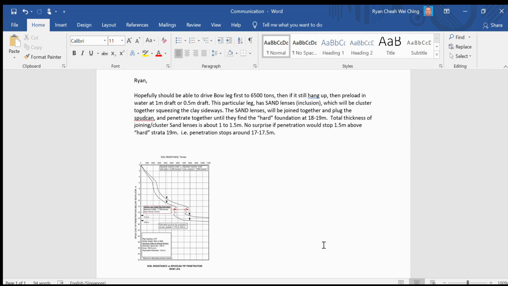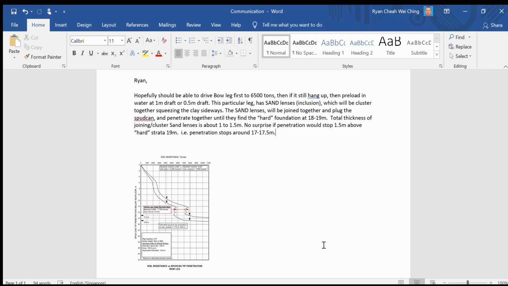If you are in doubt that the rig will slide here and there, it's better for you to understand the soil, or you can call them, or you can write an email to them. These are the team that normally come from a marine warranty company. So in this case, if you can understand the soil better, when you position the rig, you will anticipate whatever they explain to you, and then you understand why the rig is going that way and this and that.